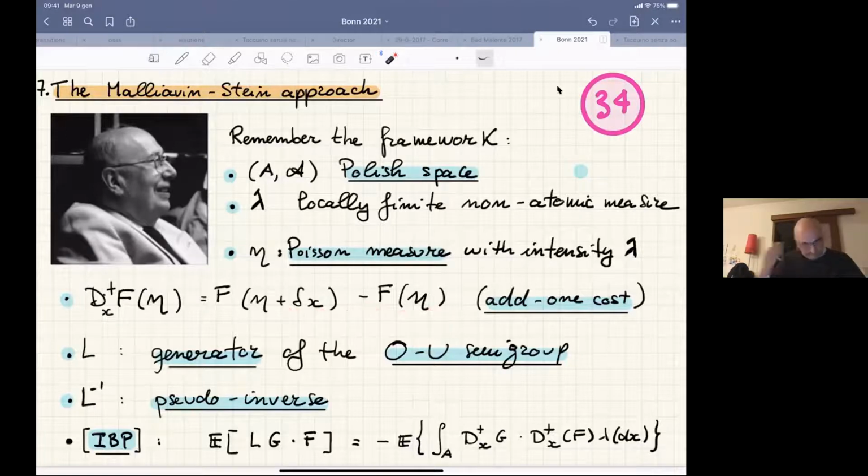And then in my previous lectures, I commented on and used a bit the generator of the Ornstein-Uhlenbeck semigroup on the Poisson space. I introduced the pseudo-inverse. I described at least spectrally the pseudo-inverse.